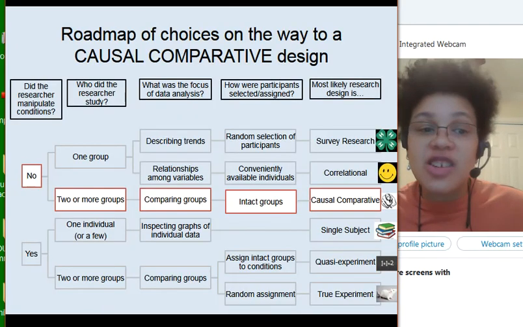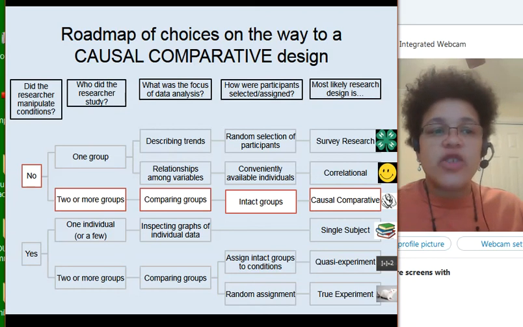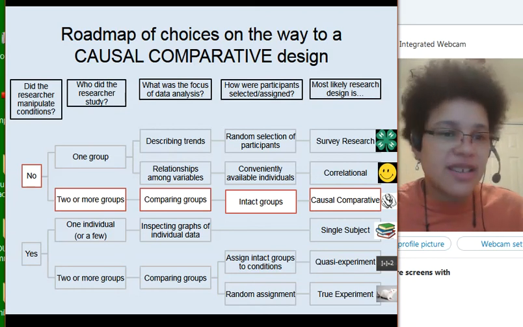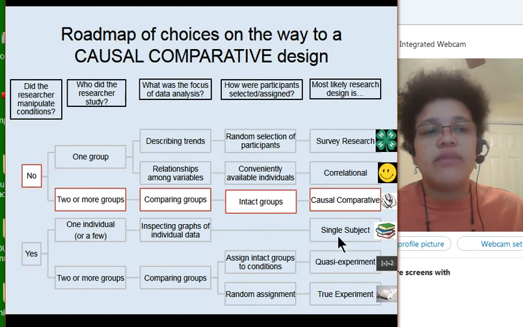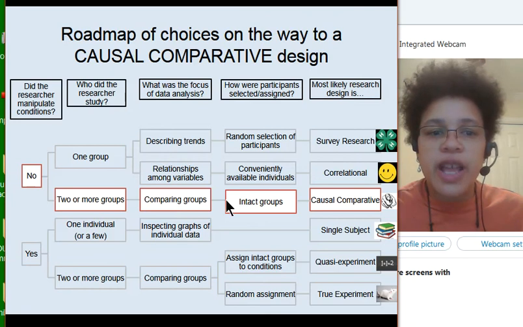Okay, let's talk about causal comparative. Now we're entering the realm where the researcher did not manipulate conditions. Who did the researcher study? Two or more groups. We're comparing groups. And like the math example, these are intact groups. But unlike the math example, we did not manipulate the conditions ourselves as researchers.